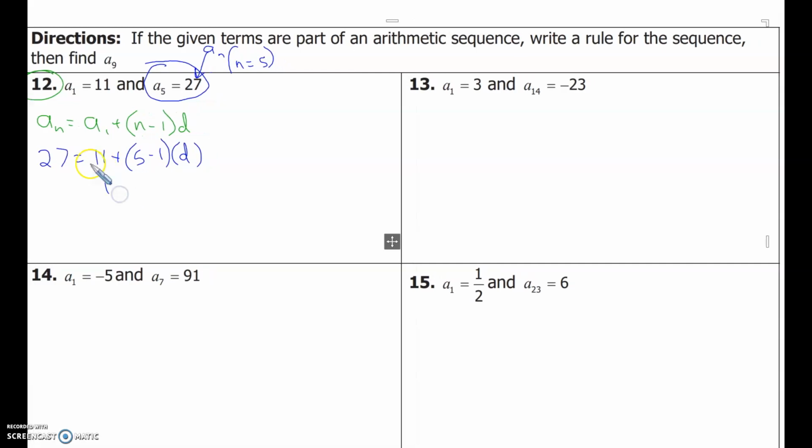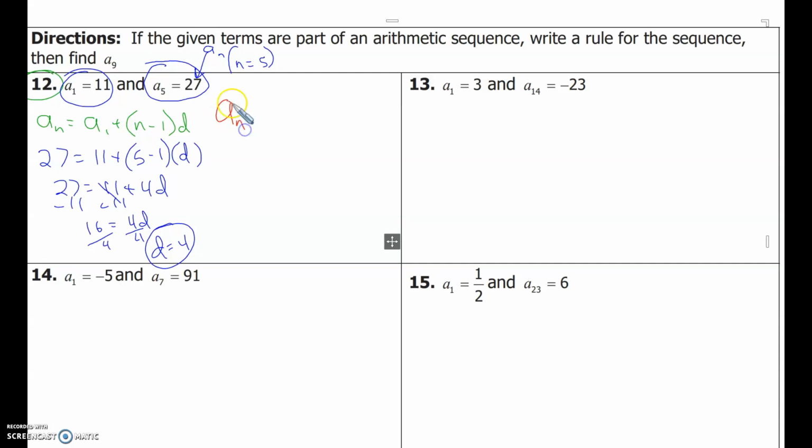Well, then we have 27 equals 11 plus 4D. We're going to subtract 11 on both sides. And so we have 16 equals 4D. Dividing by 4, I see that D equals 4. Of course, I'm not done. I just found what D is, but now I can find the rule because I have the two things that I need. So let's write the rule.